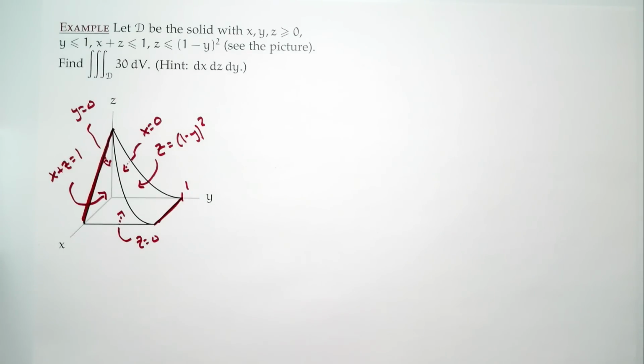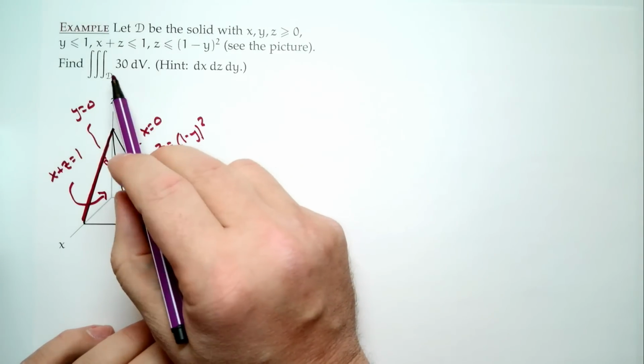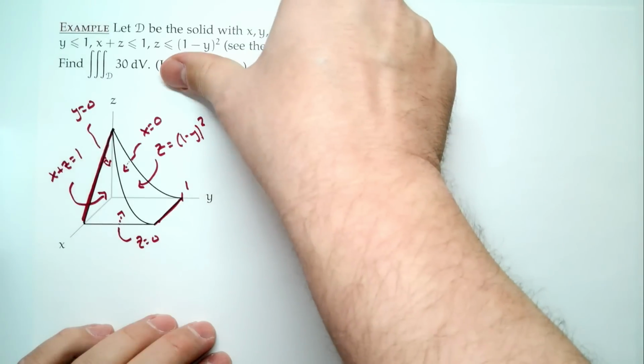Now this one is slightly different. They didn't give us an integral. They said, here's the shape, and what we want to do is the integral. So we're going to think about carrying it out. Okay, so let's at least get the bounds set up. Now, really, if it just says find the integral, we can set our bounds in any way.